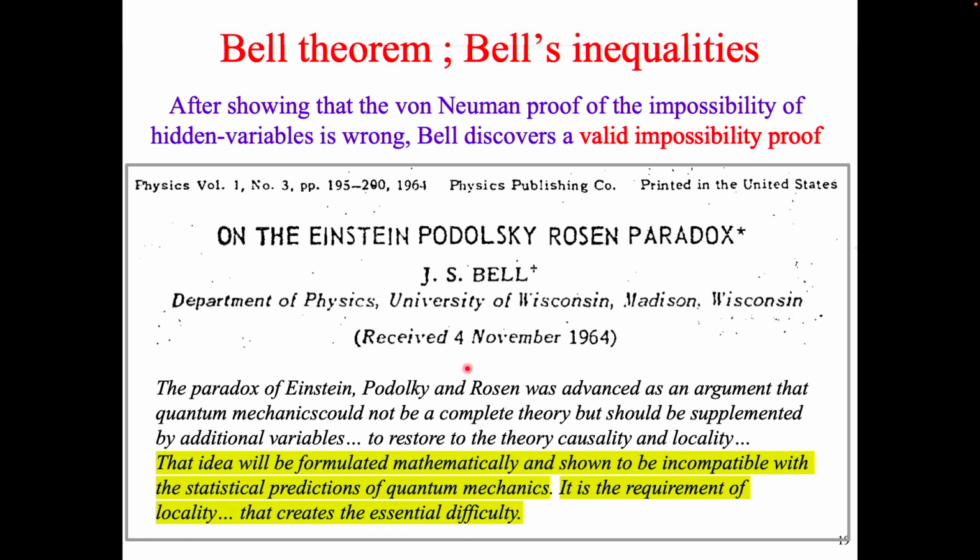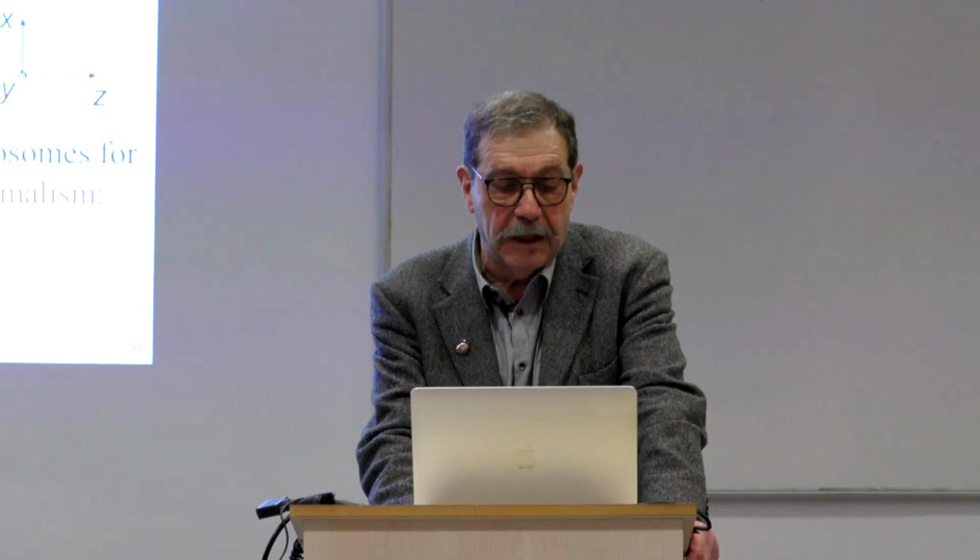Then he writes this paper, in which he finds that a way to show a contradiction between quantum mechanical prediction and completing quantum mechanics with hidden variables is to assign a property that he calls locality to the hidden variables. So the idea is the following.